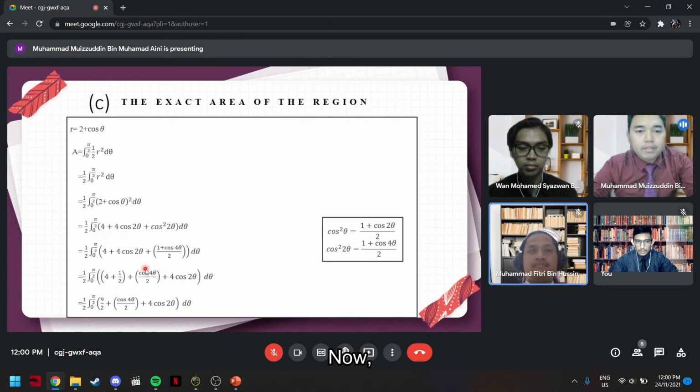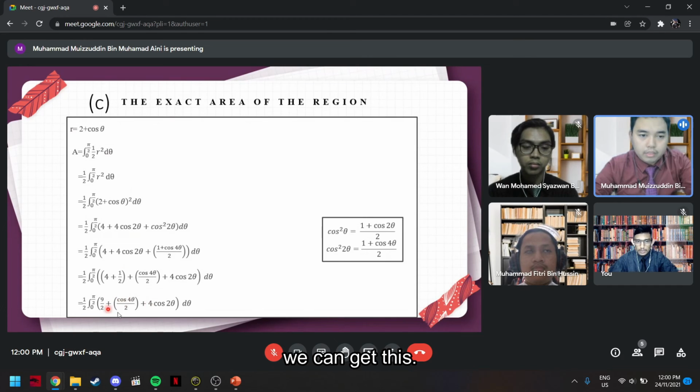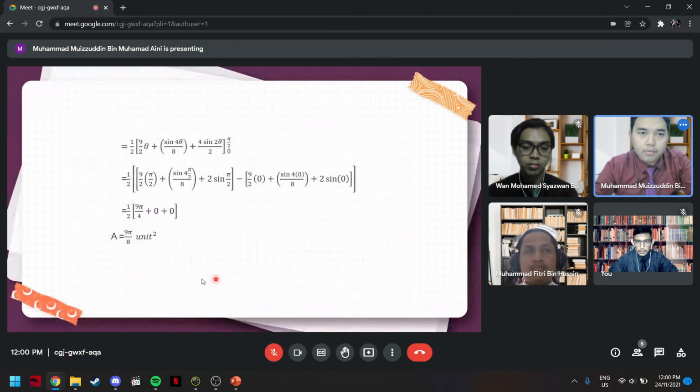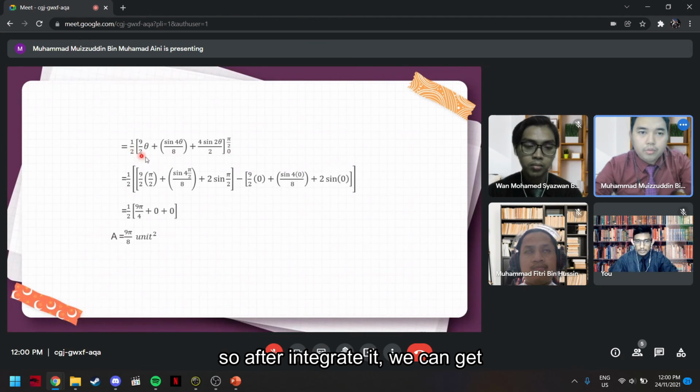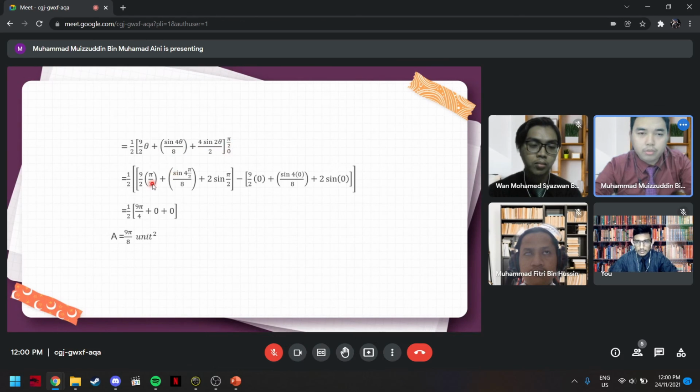Okay. Now, for this, we bring out 1 over 2 in front, and we can get this equation. And now, we must integrate it. So, after integrating it, we can get 1 over 2 in brackets 9 over 2 theta plus sine 4 theta over 8 plus 4 sine 2 theta over 2 from 0 to pi over 2.